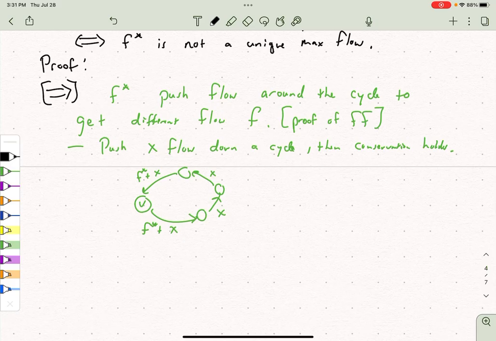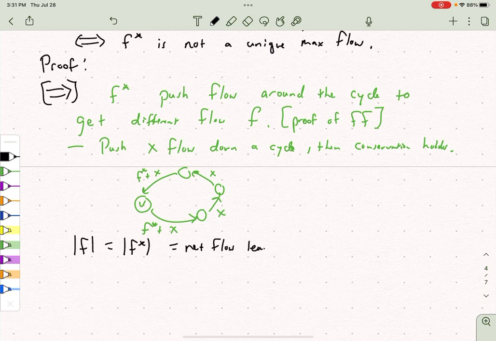The other thing to notice is the value of f is equal to the value of f star, because the value just has to do with the net flow leaving S. And since a cycle won't affect the net flow leaving S, because we are adding the same amount we removed at every node, this will have the same value.